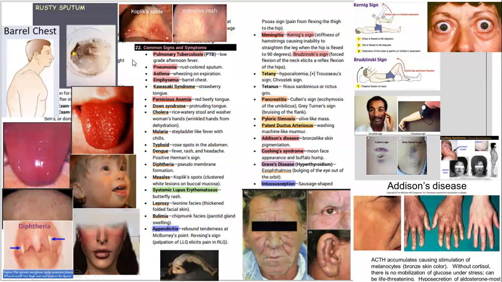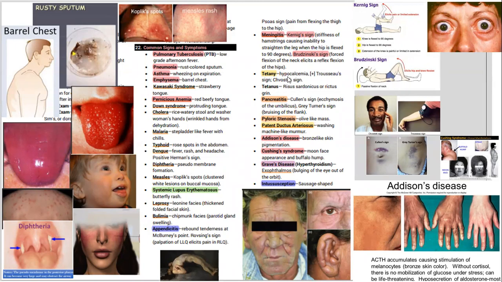The next one, tetany and tetanus. Tetany is the involuntary movement of muscle because of hypocalcemia.